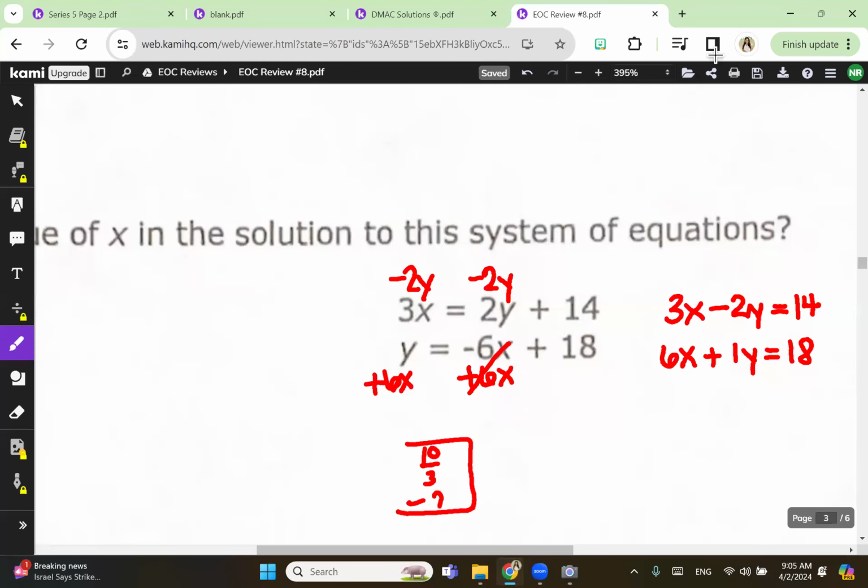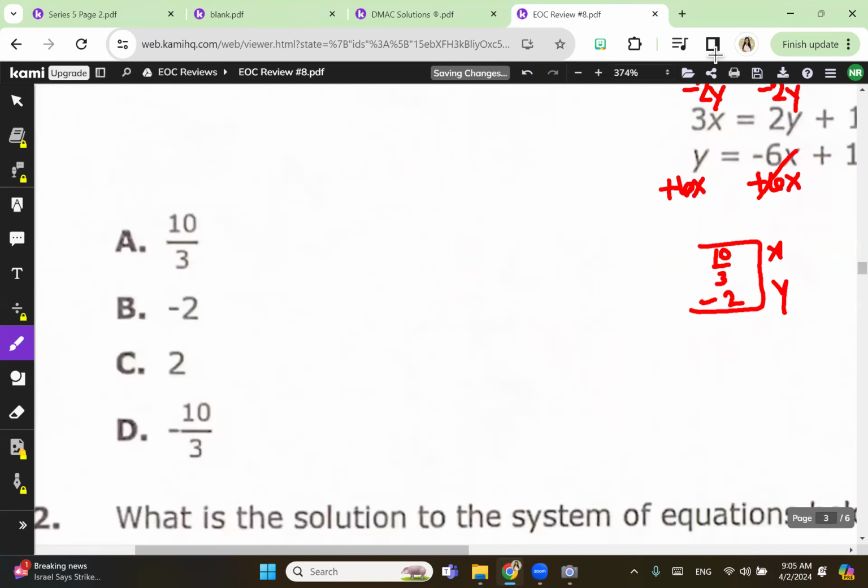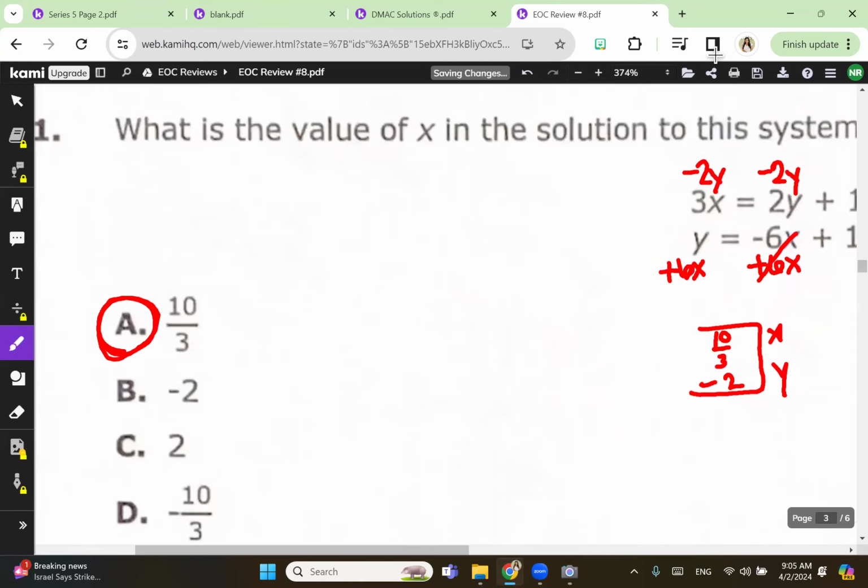And they want the value of x, so they want 10/3. But how do you make it a fraction? Math, enter. It's math. Second one. It says, what is the solution to the system of equations below?